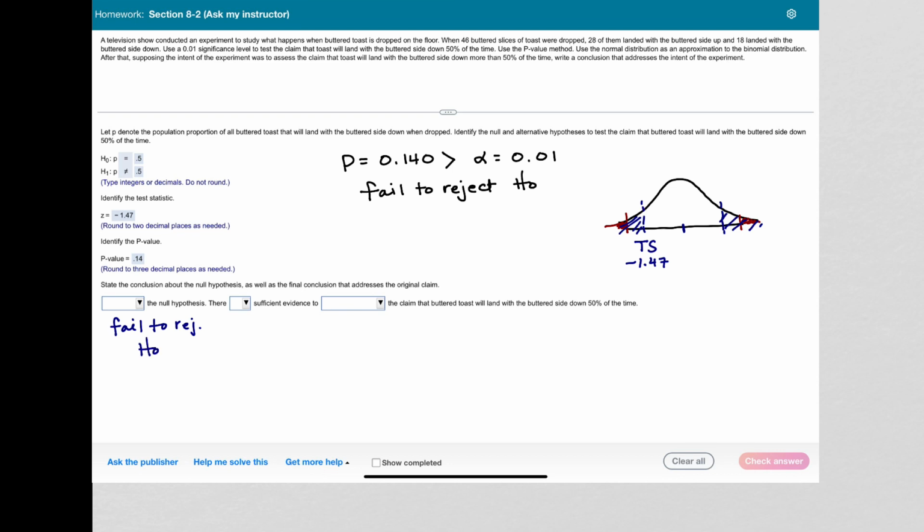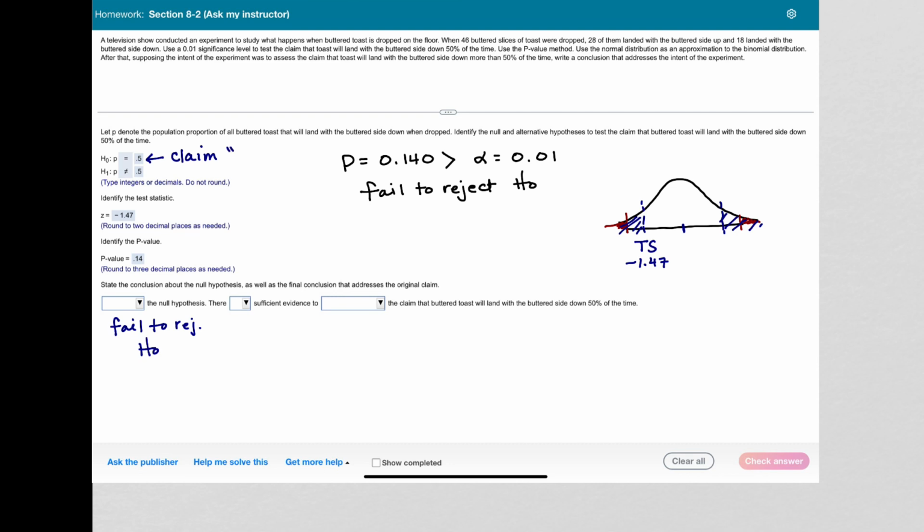And then we want to make a statement. Now, since the null hypothesis was the claim, I like to mark that down at the beginning of the problem when I'm thinking about that, because now when I come back at the end of the problem and I'm forming my conclusion, I look at that and I say, well, the null hypothesis was the claim.